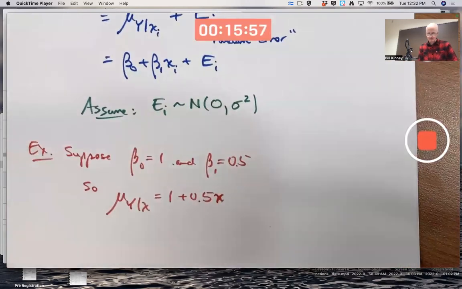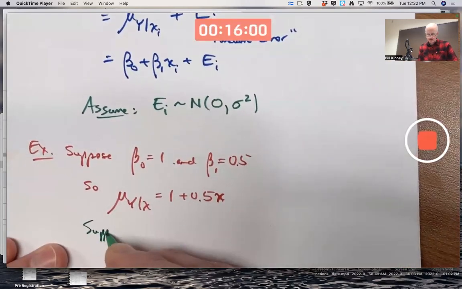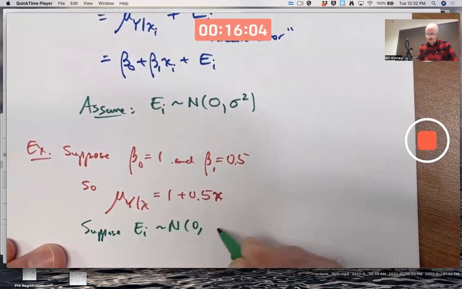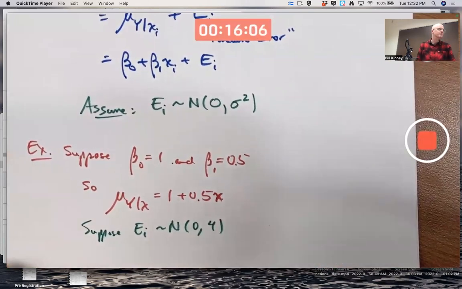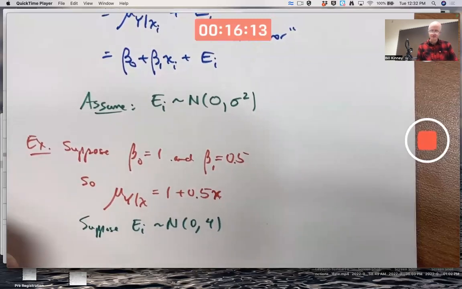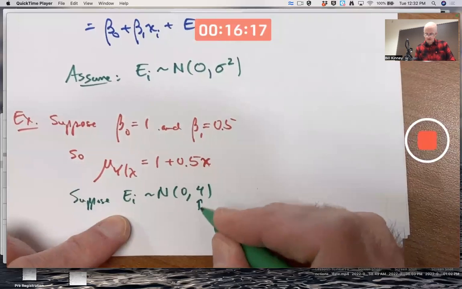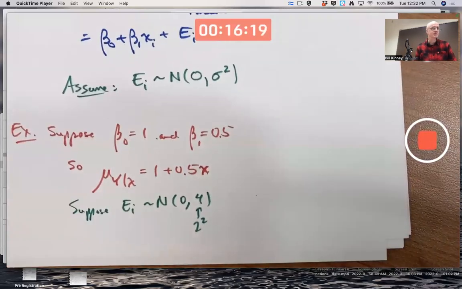Let's also suppose Ei is normal with mean 0 and variance 4, just to pick something. So the standard deviation would be 2. That's 2 squared. The standard deviation is 2.